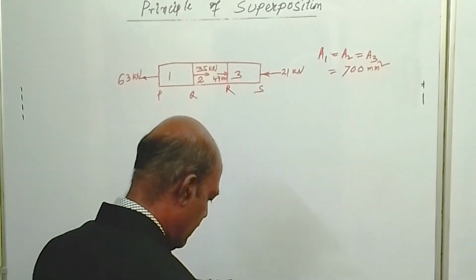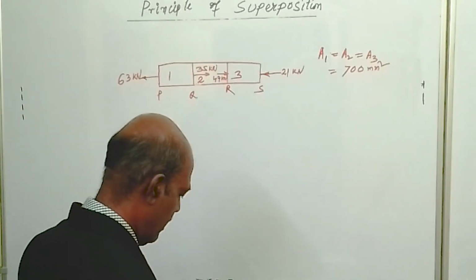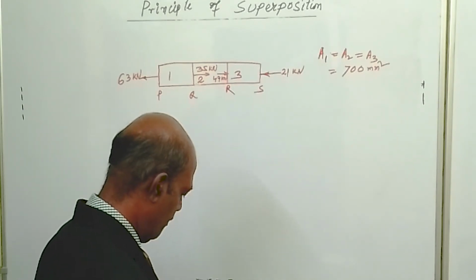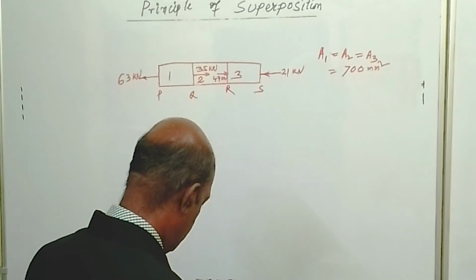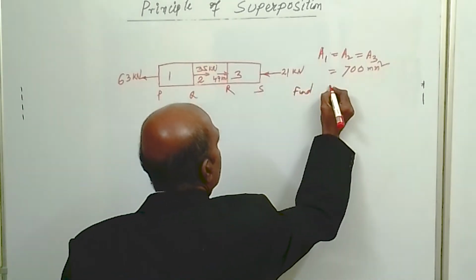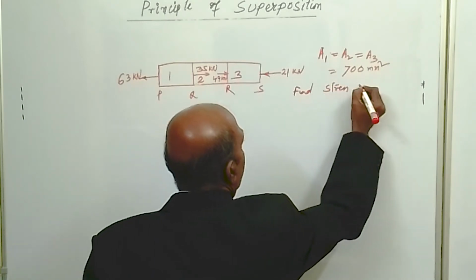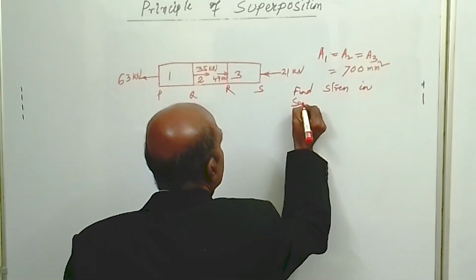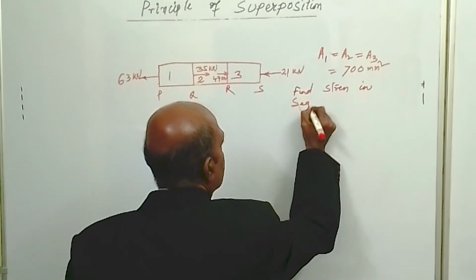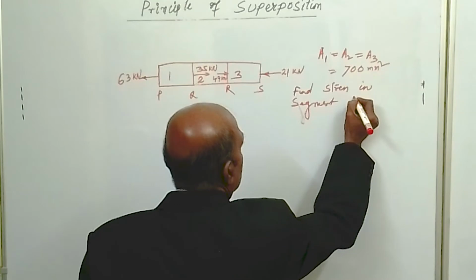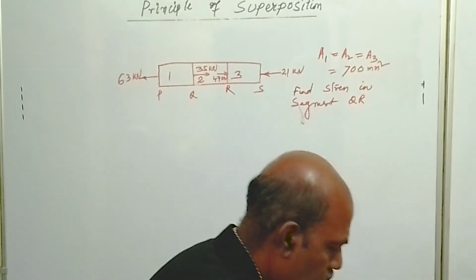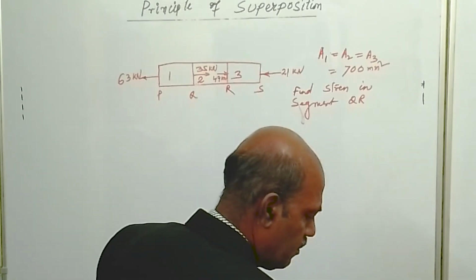The axial loads at different positions are given in the figure. Find the value of stress in segment QR. So in the middle section we have to find the stress value.